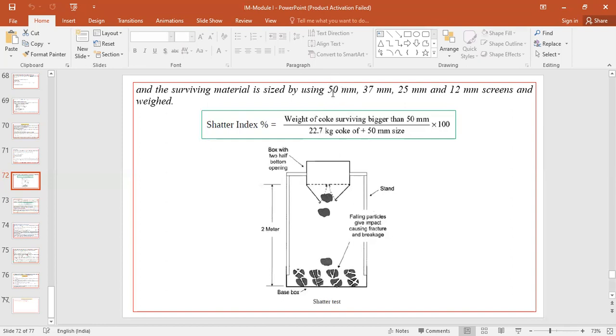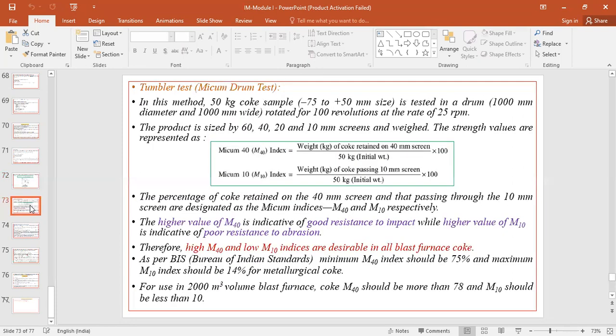We need to see the weight of the coke surviving on the 50 mm sieve. That weight we take, divided by the total amount, that is 22.7 kg, into 100. This will give the shatter index percentage.